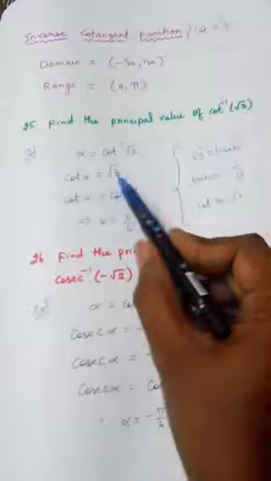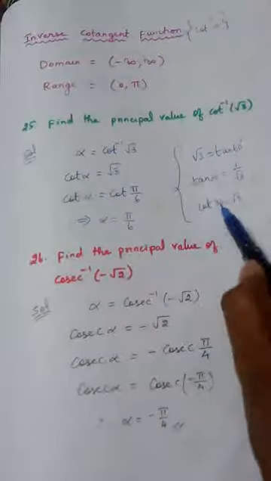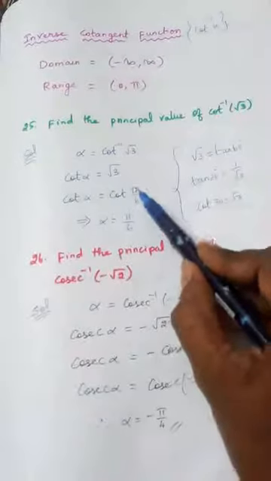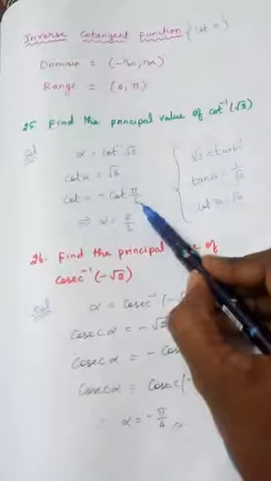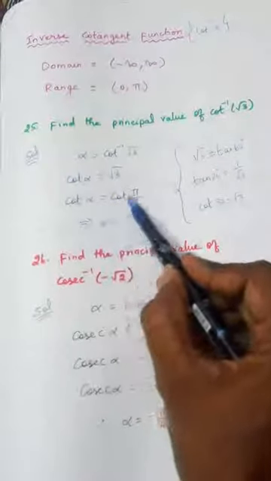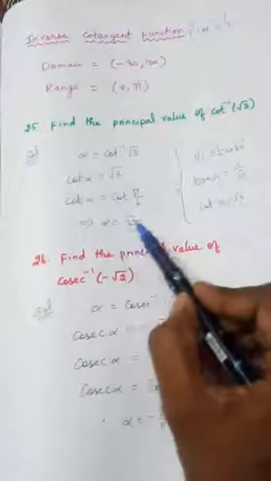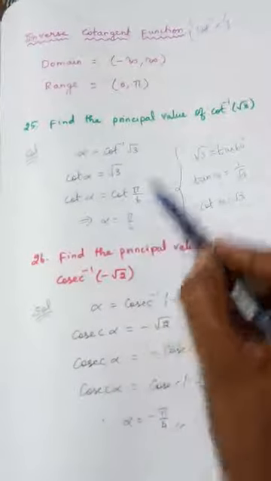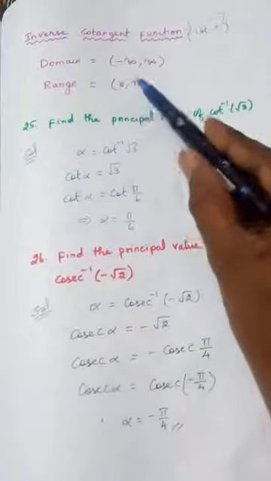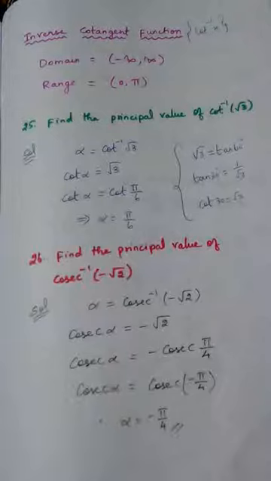So now root 3 is written as cot 30. So I am writing cot pi by 6. Pi by 6 means 30 degree. Therefore by comparing these two we can say alpha is equal to pi by 6, right? This pi by 6, 30 degree, definitely lies within this range. So this is called principal value. Hope you have understood this.